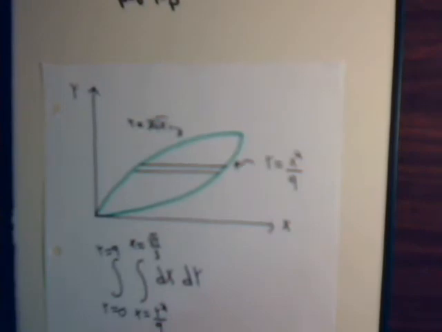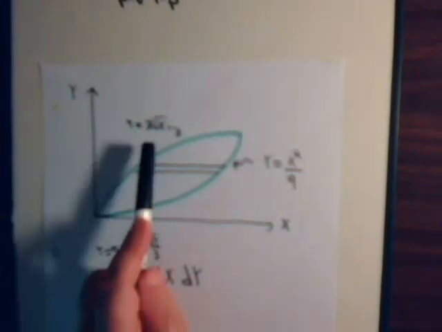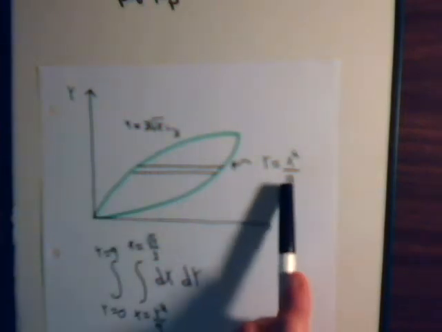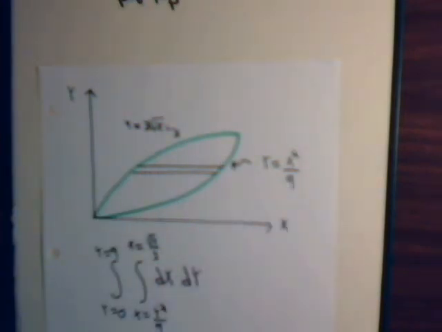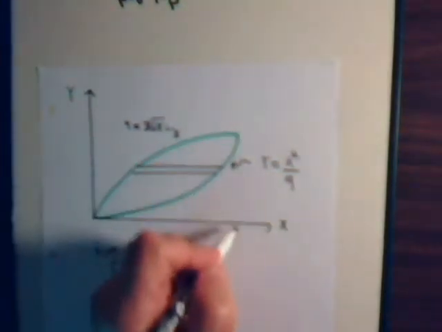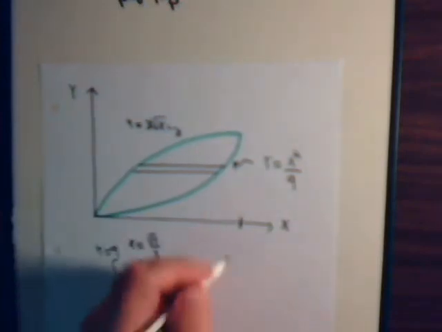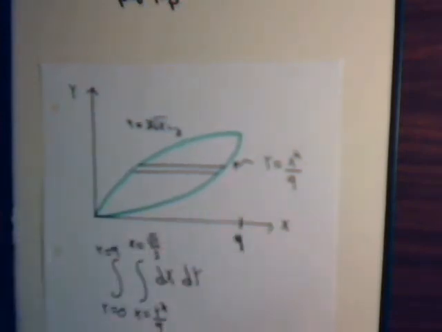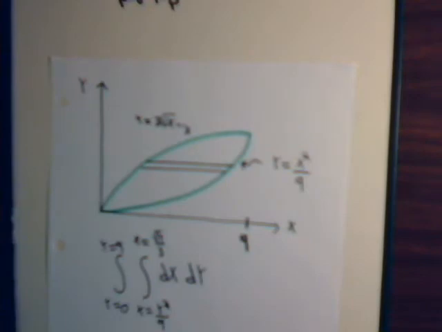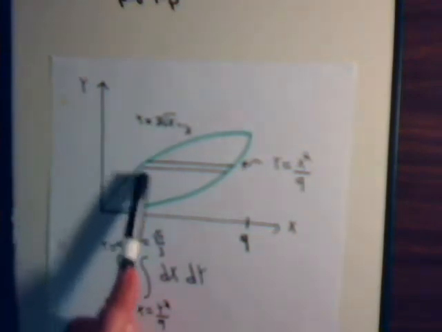Suppose we have this problem. We have two curves, y equals 3 times the square root of x, and another curve, y equals x squared over 9. These two curves intersect when x equals 0 and when x equals 9. And suppose we want to find the area in between these curves.